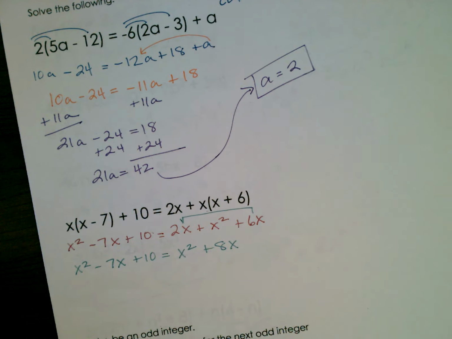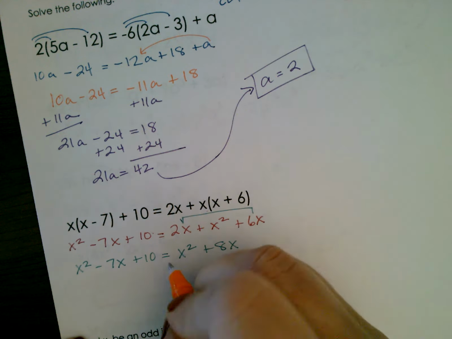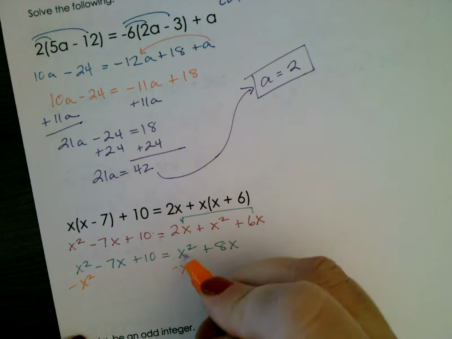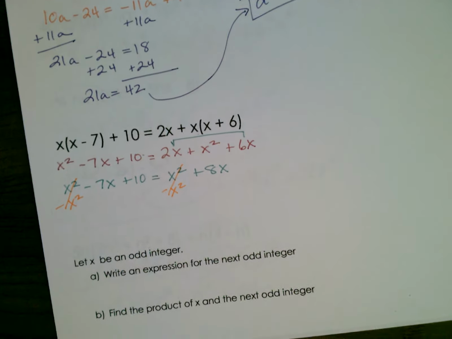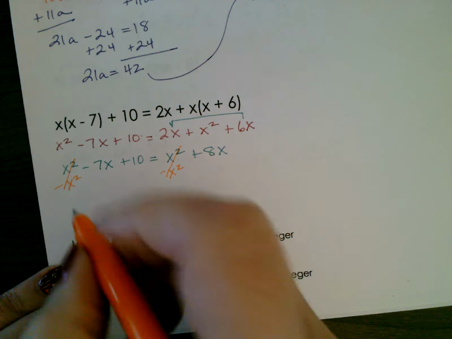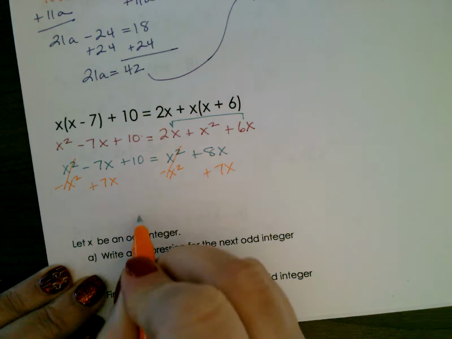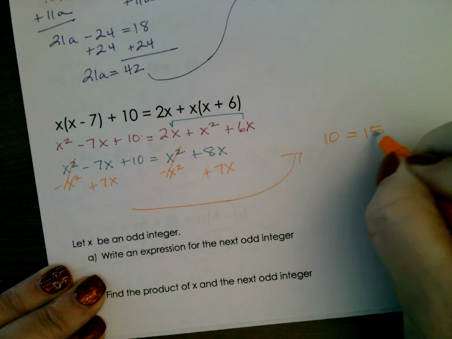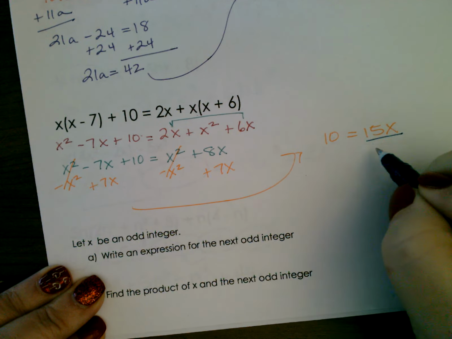Combining these, the bases and the exponents are the same. In these math problems, because we don't know how yet to solve problems with exponents, every time they should disappear. If they do not, we have a mathematical computation error somewhere. So I'm going to add 7x, and I am at 10 equals 15x.